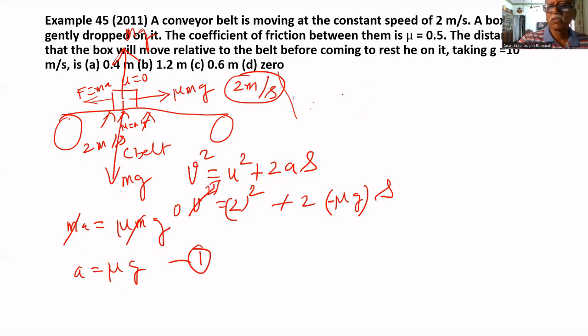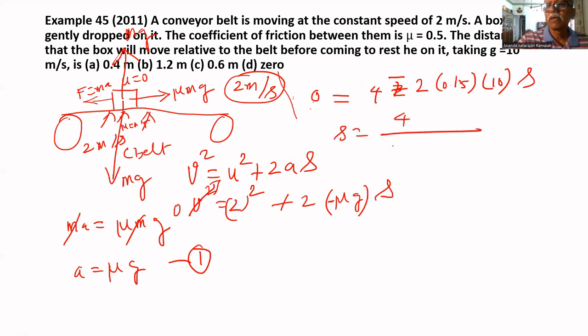Mu equals 0.15, g equals 10. Therefore, 0 equals 4 plus 2 into minus 0.15 multiplied by 10 multiplied by s.